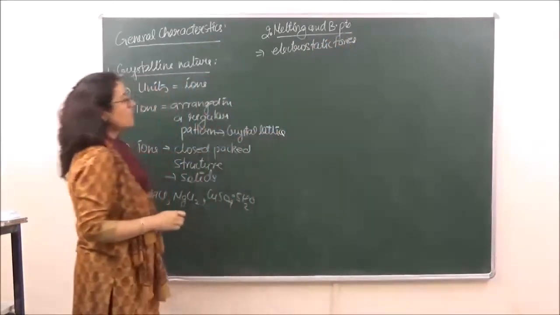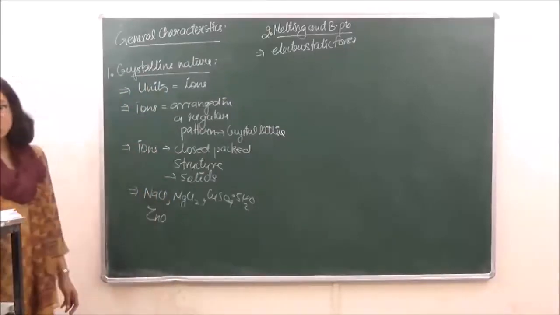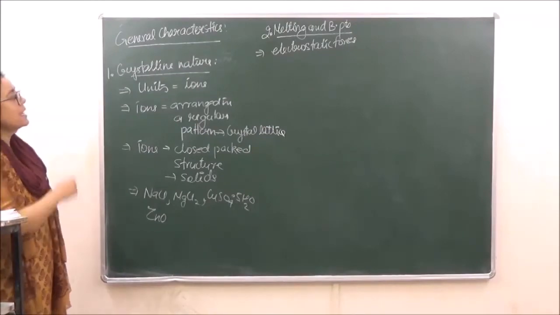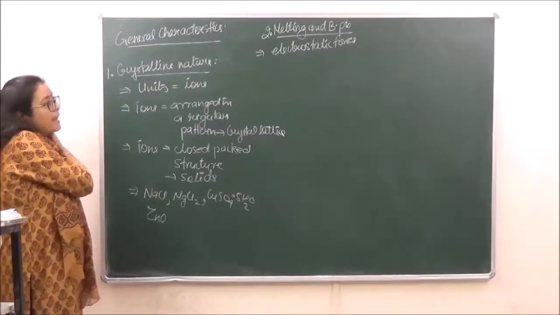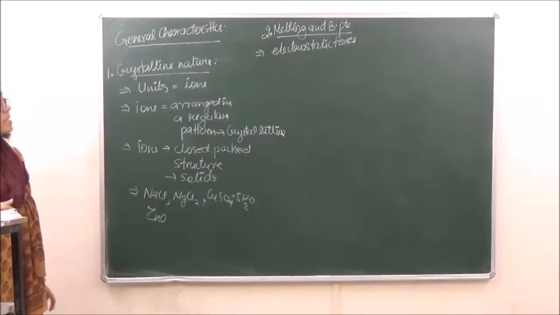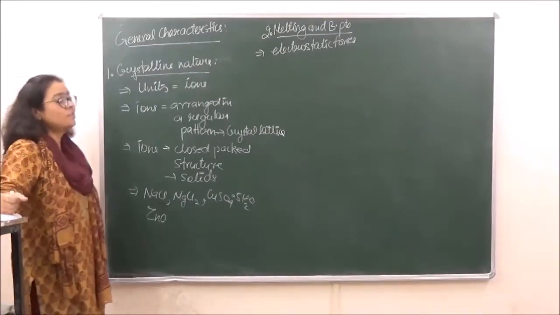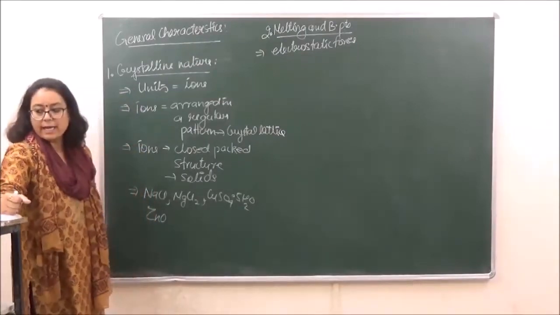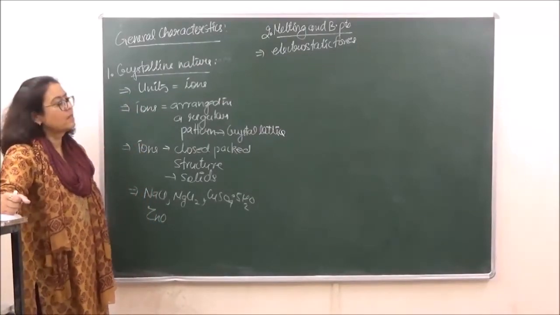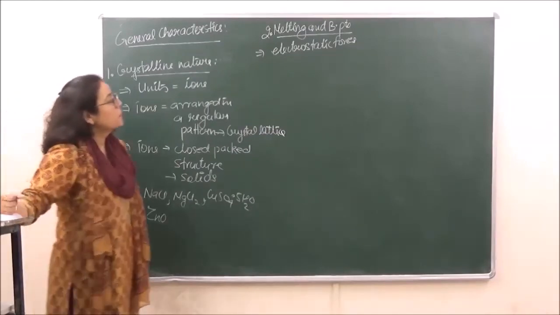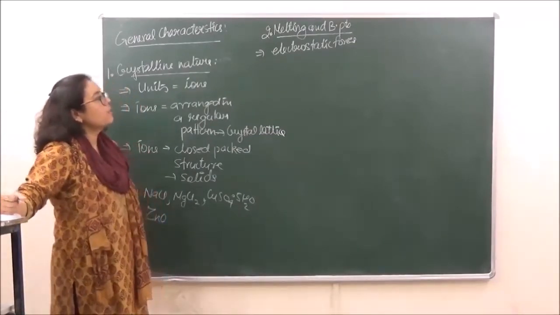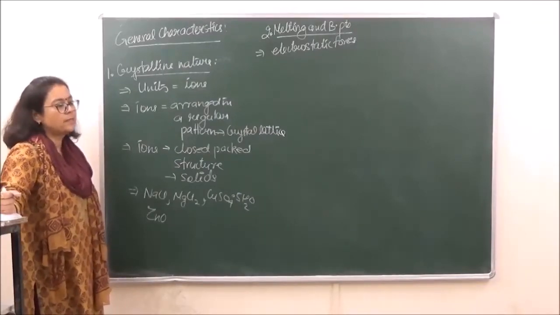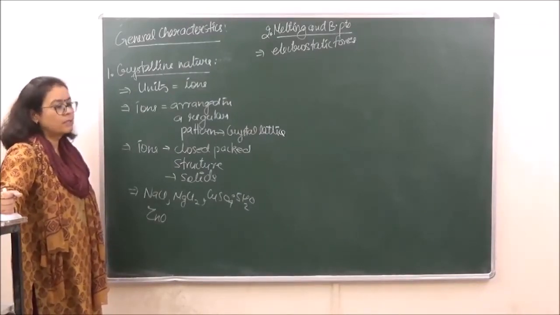As a result, the ions are very closely bound to each other, so their positions cannot be altered by applying small forces. We have to give a lot of temperature for the ions to break. As a result, ionic compounds have high melting points. Okay? Because electrostatic forces of attraction are among the strongest forces of attraction present in constituent particles, right?